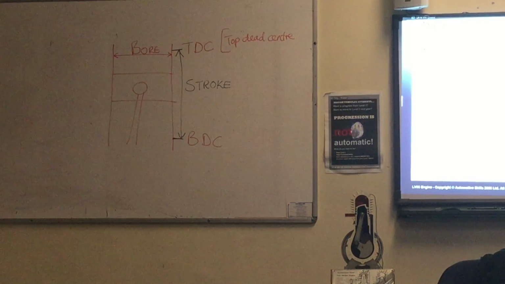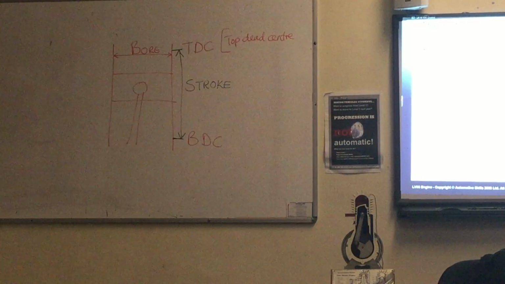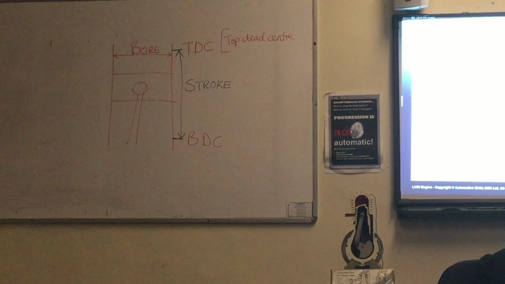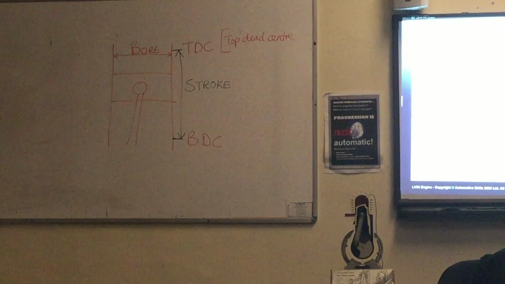So if it moves from TDC to BDC, that distance is called stroke, or BDC to TDC, it's stroke. So the 4-stroke cycle means the piston is going to move 4 times to complete an engine cycle. Are we clear there? Right.